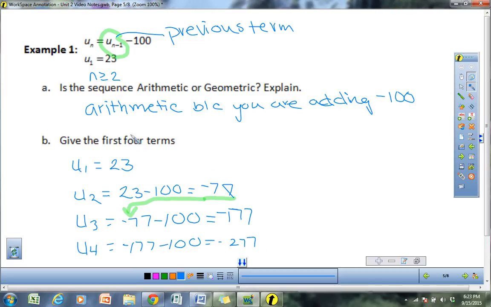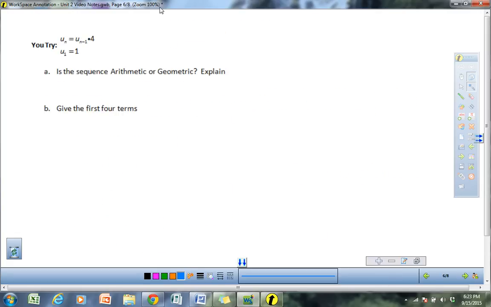You can leave your 4 terms like this, or you can write it out as a sequence if that helps you see the pattern: 23, negative 77, negative 177, and negative 277.